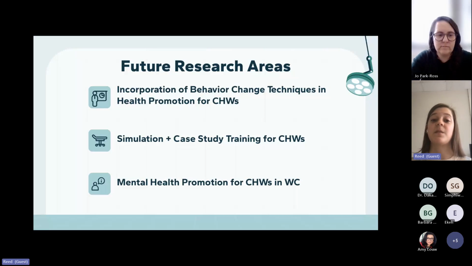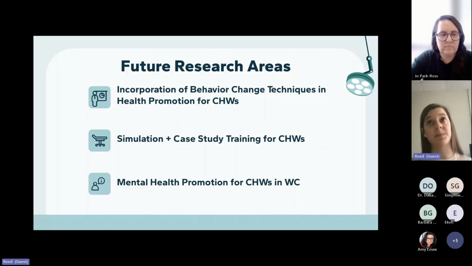So incorporating some behavior change theory into the community health worker curriculum, as well as investigating if case study and simulation-based training for community health workers is more effective in knowledge retention and efficacy as opposed to a lecture-based style, and building capacity for community health workers to offer mental health promotion and education in the Western Cape.